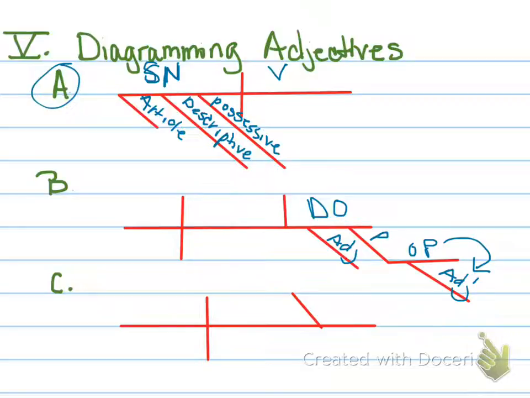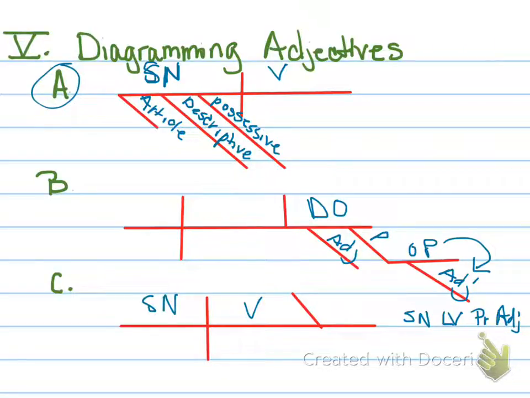Now, one of our main sentence patterns, remember there's five in the English language. One of the last ones, we always say it with me, subject, noun, linking verb, predicate adjective. That's where it's complementing the noun and it's following the verb.